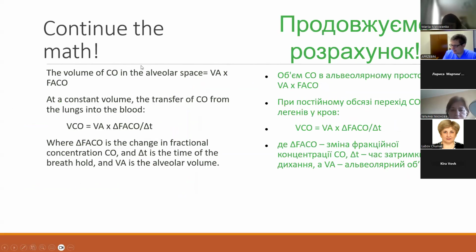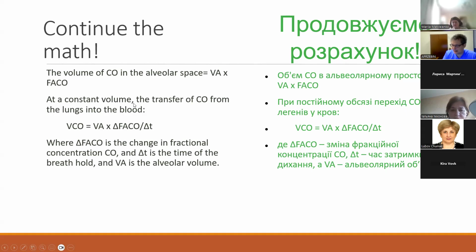Let's go back to some of the math then. So we're trying to figure out how do we calculate how much flow there is. And what we need to know is what's the volume of carbon monoxide in the alveolar space? Well, that's simply the alveolar volume multiplied by the fraction of carbon monoxide.